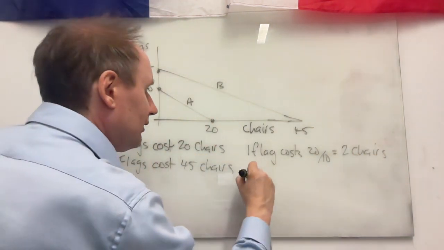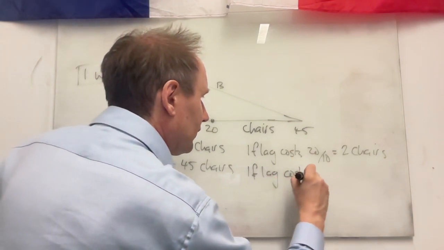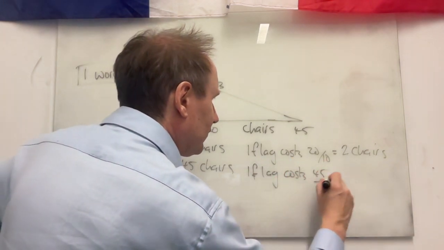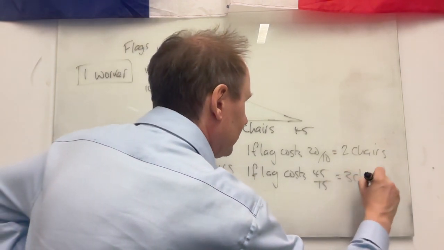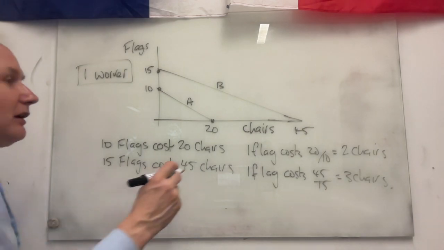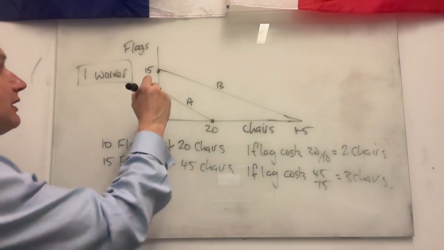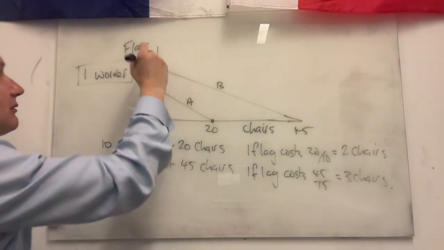Whereas in country B, one flag costs 45 over 15 equals 3 chairs. So although country B has absolute advantage in both, one flag costs 2 chairs in country A. So country A has comparative advantage in flags.